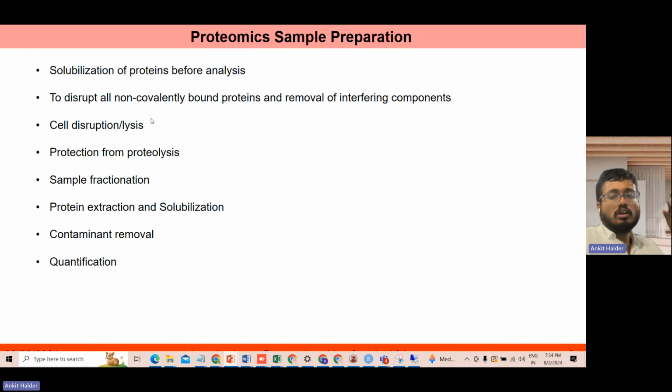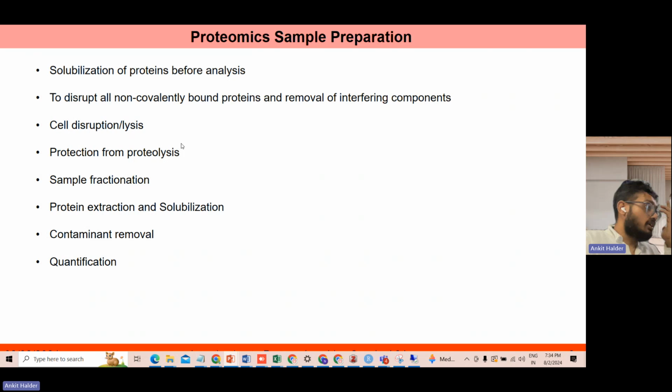For example, tissue is very rough, so we need mechanical forces like sonic homogenization, or we can use sound waves, like sonication. But at what amplitude, at how much pressure, and at what temperature do we need to apply it?